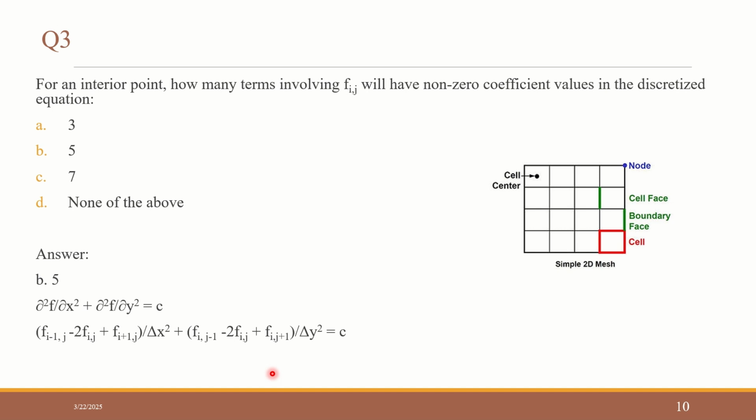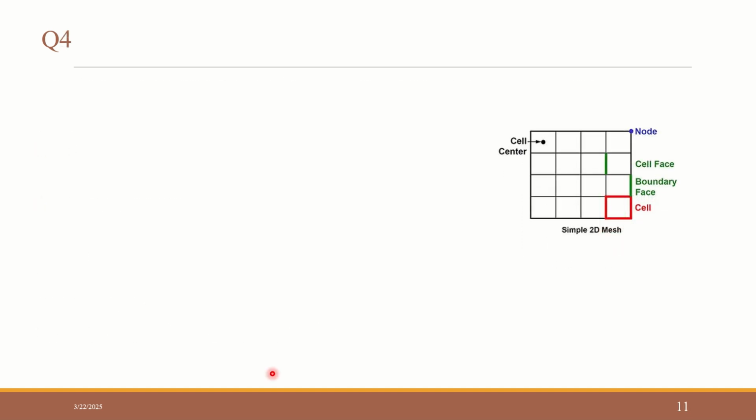Okay, we'll now move to the next question. Before going to question 4, I'll explain the terms we use to talk about the 2D mesh. This is a two-dimensional mesh. Here we have cells, and the center of a cell we call the cell center.